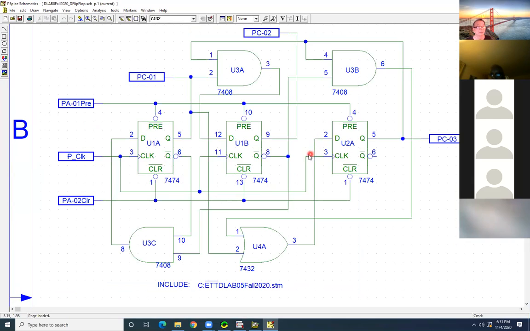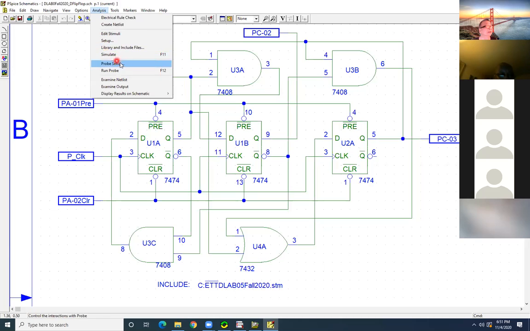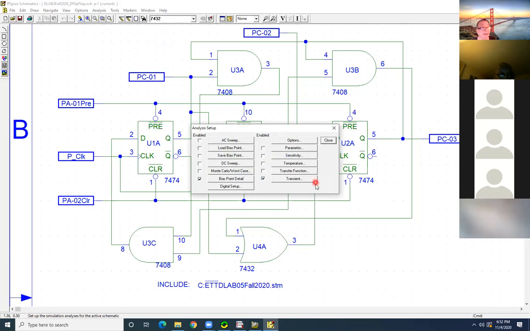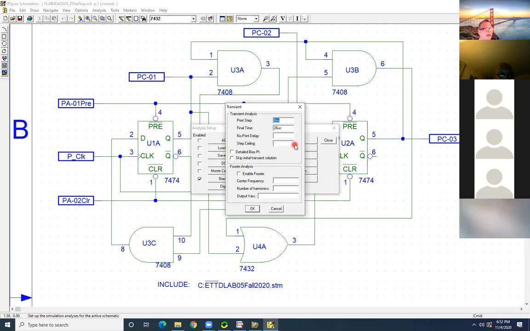Yeah, that's good. Now I want to see when I try to set it up. Analysis, setup, to see what I get in here. I put 26 microseconds.